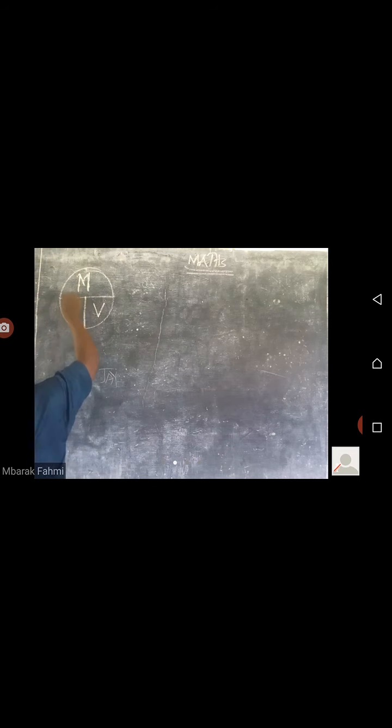When you are calculating for mass, it is density times volume. When you are calculating for density, it is mass over volume. And when you are calculating for volume, it is mass over density.